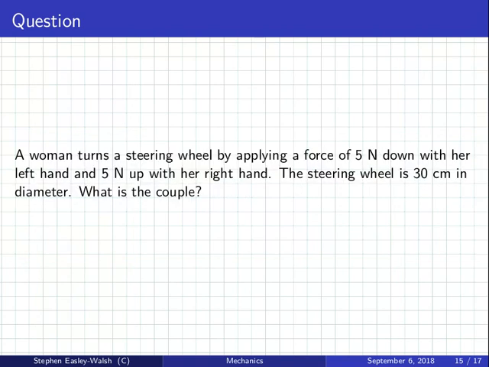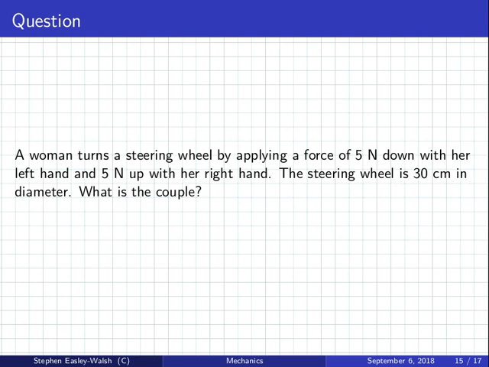Right, here's a little bit more interesting one. So you have a steering wheel, and with one hand she pushes up with 5 newtons, and the other hand she pushes down with 5 newtons. What's this type of problem called? A couple, yeah. And the steering wheel, what's a small steering wheel? 30 centimeters? I guess that's about right. So what is the turning force? What is the couple here? So let's try and calculate this.